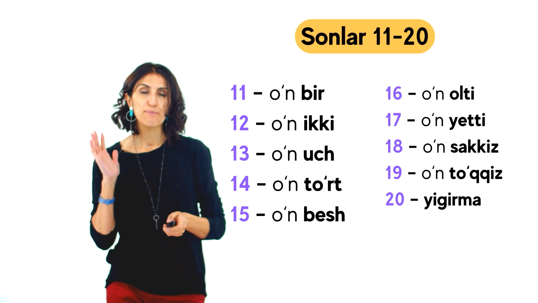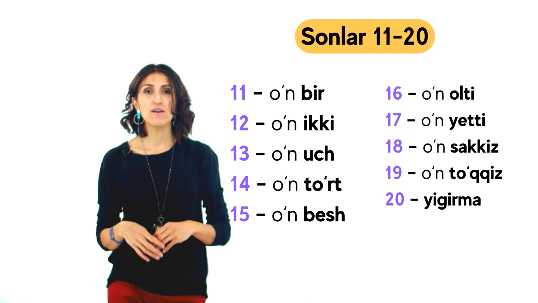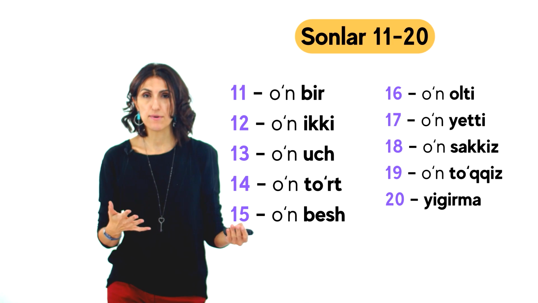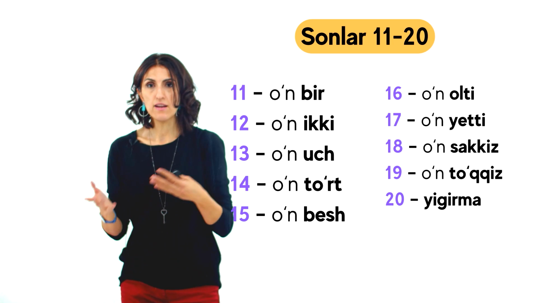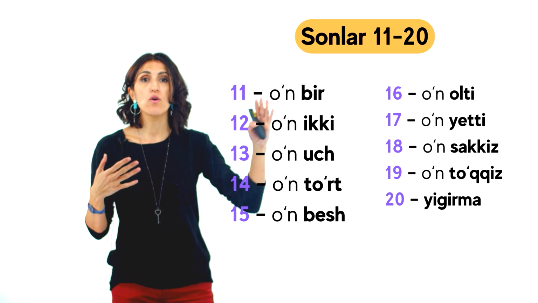Okay, now basic counting is very important. If you master that skill, now you can count from 11 to 20 easily, because that's how you say 10 and 1, 10 and 2, 10 and 3. So 10 is on.